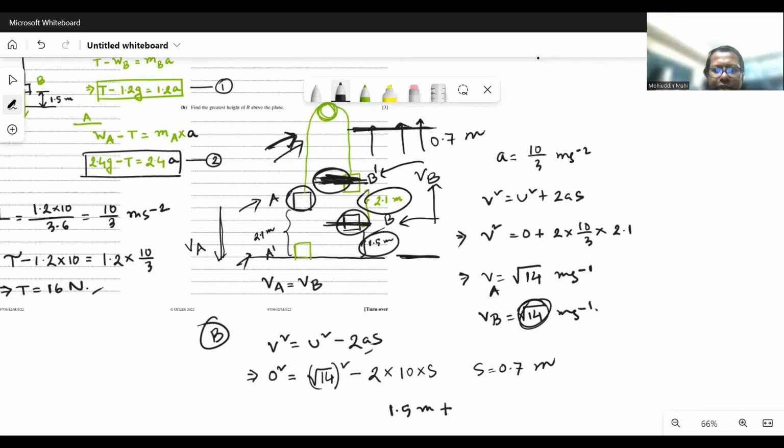Then it has moved up 2.1 meter. Why? Because A was descending downwards by 2.1 meter. And then again, because of the inertia of motion, B will move an additional 0.7 meter. If we add all of them, the answer is going to be 4.3 meter, and that will be the final answer. Okay, fine. Let's move on to the next question.